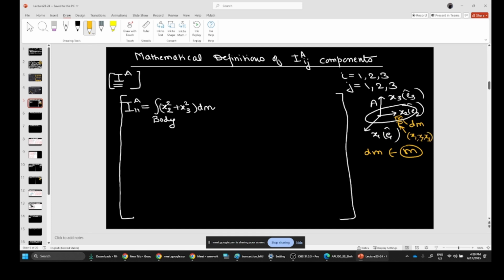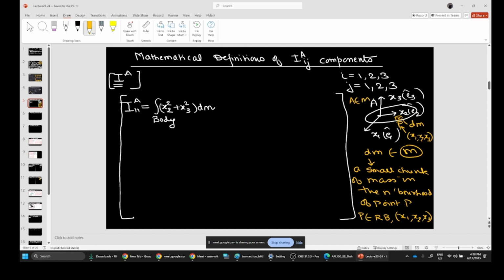And in the neighborhood of that P, you take a small chunk of mass. dm is a small chunk of mass in the neighborhood of point P, where P is part of RB and it has coordinates x1, x2, x3 in general. Like before, A is part of RB also.